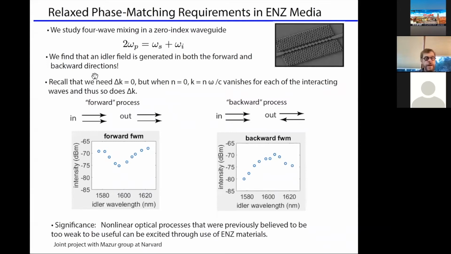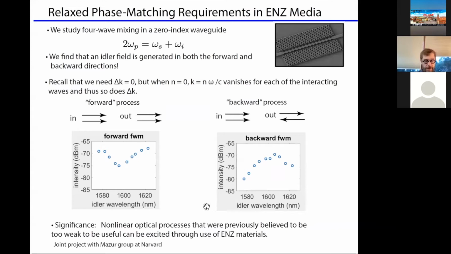And we find that the idler field is generated in both the forward and the backward direction. So we have the forward process here, the backward process here. And this is the data showing that we really do emit light into the backward direction as well as in the forward direction. Now, what is the significance of this?